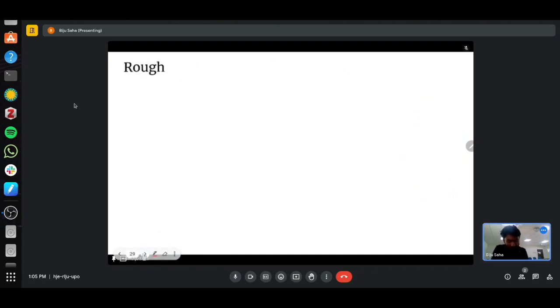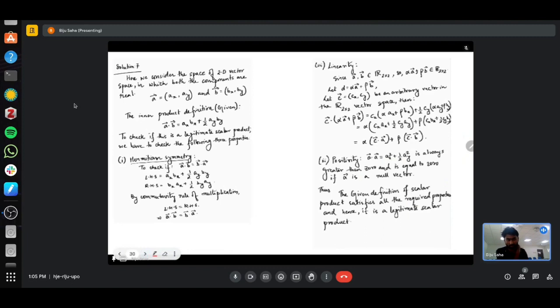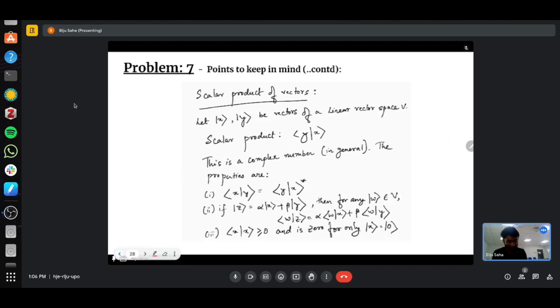Now let us look at the definition of the inner product in our case. It is given that this is the definition of the scalar product. Now to check if this is a legitimate scalar product or not: in general it is the inner product, and if it obeys these three criteria, the inner product can be defined as a scalar product.